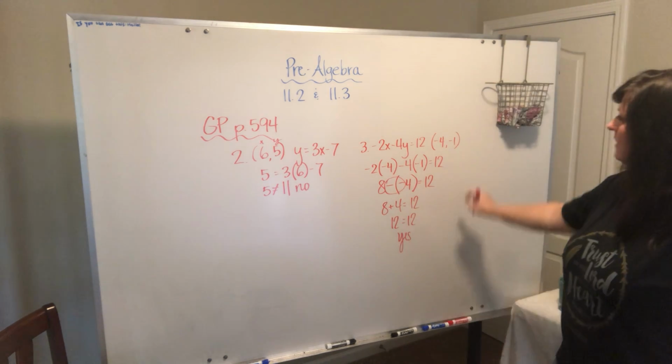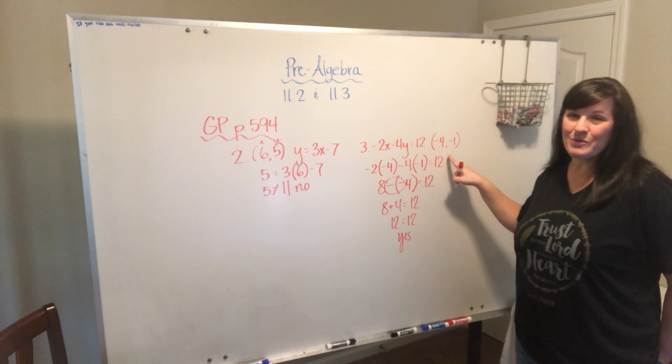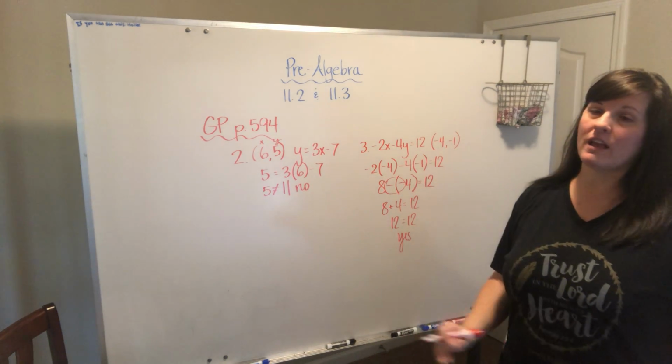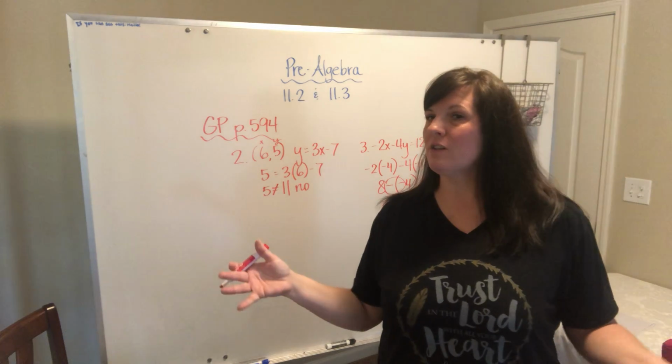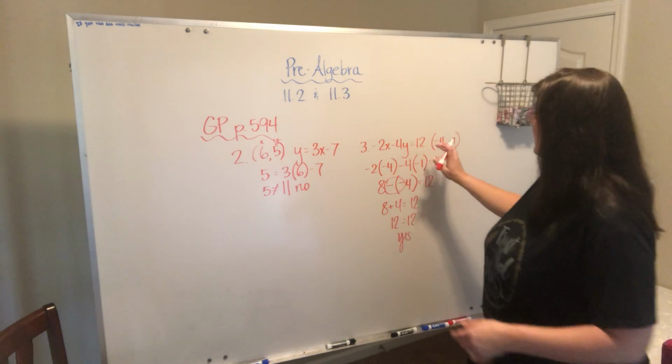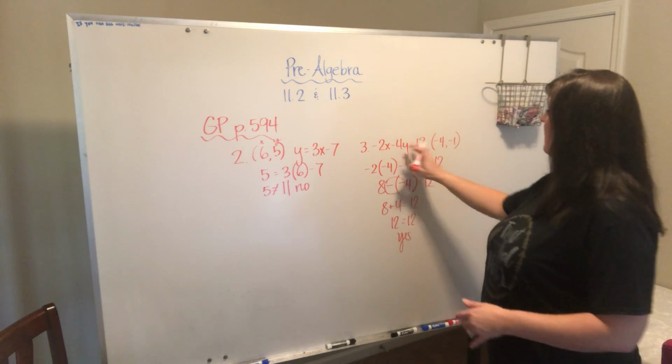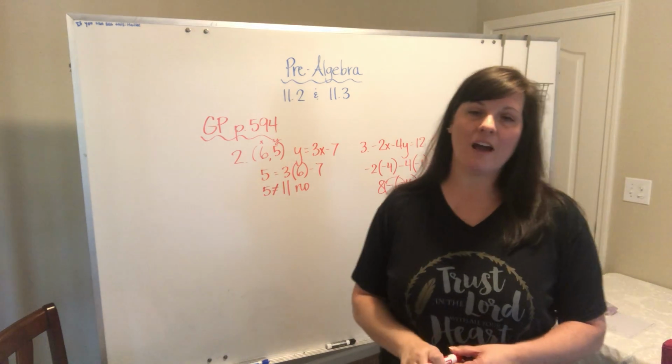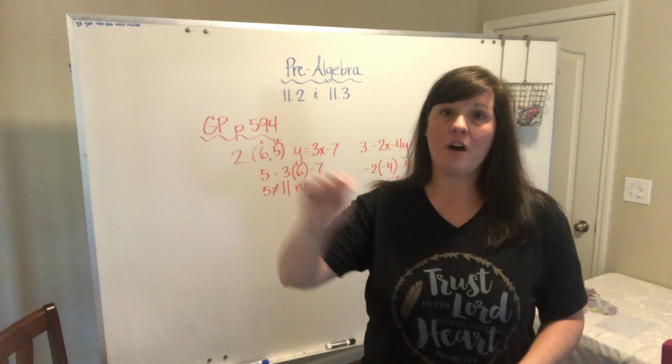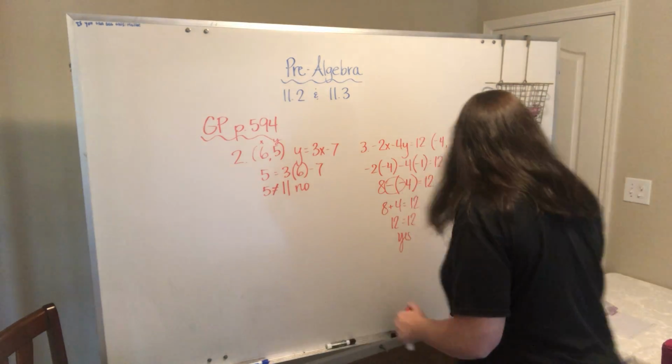So yes, this coordinate, this ordered pair, is a solution for that equation. What does that mean as far as graphing? Think about it. That means that if I graphed this line, that number would fit on that line. It would be on that equation, the line of that equation.